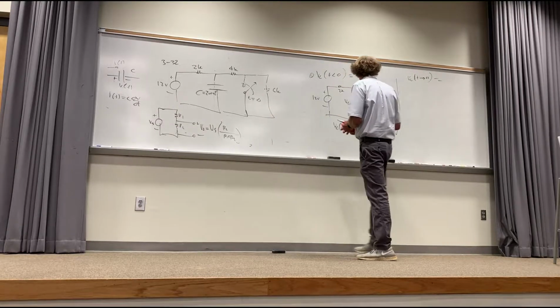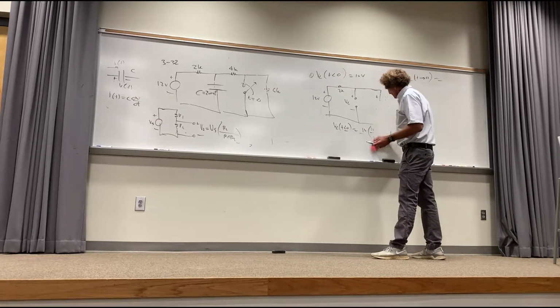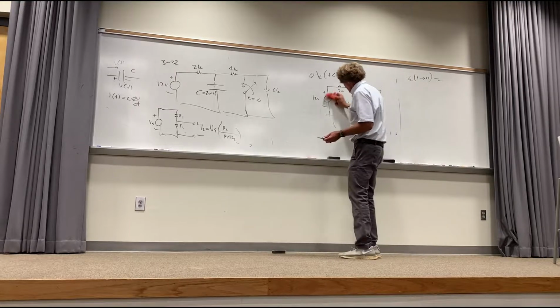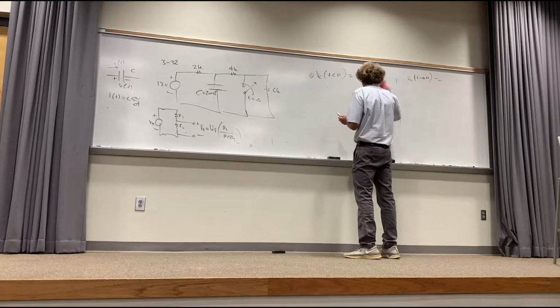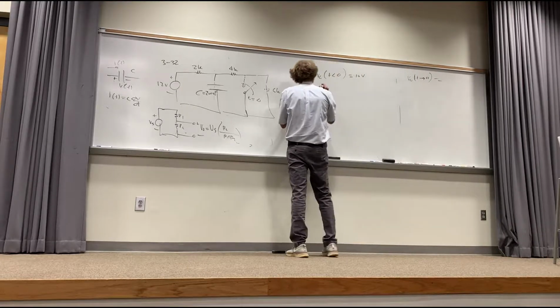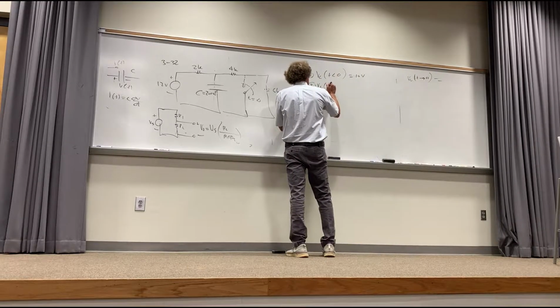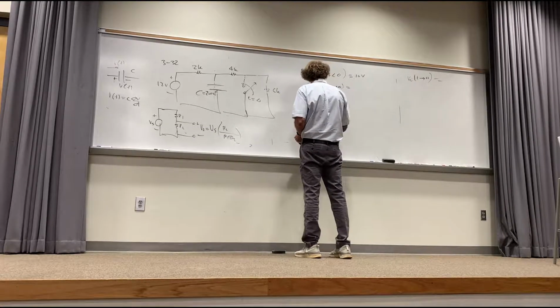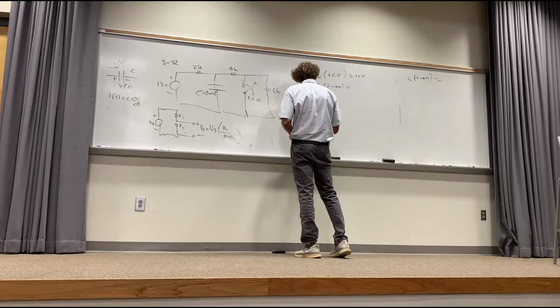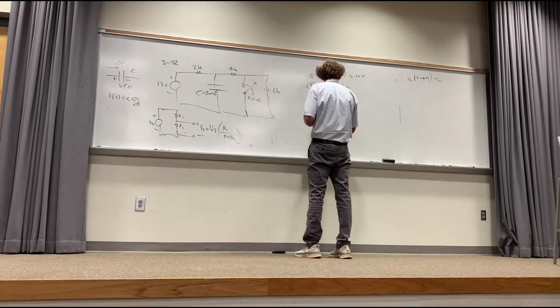So now I'm going to redraw that circuit here. So it looks like this. I have 12 volts. Then I have 2K.